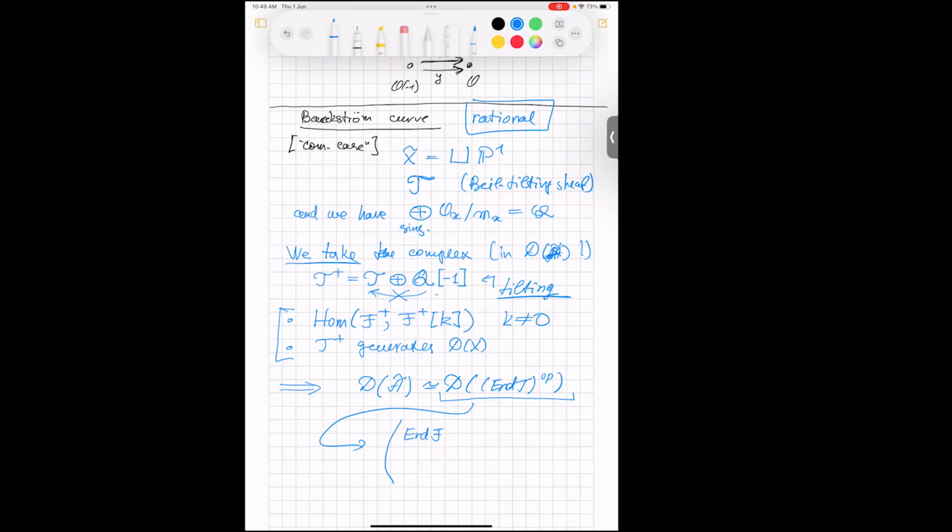And we have nothing here. Here we have and of this extra term, Q, and something here. This is actually the extensions of Q with T plus.